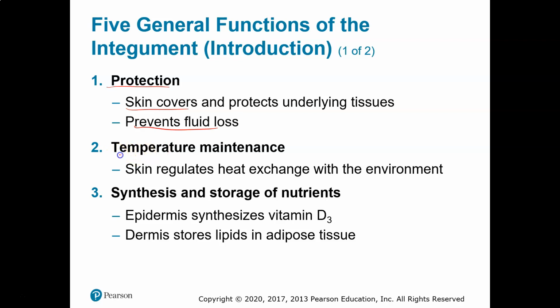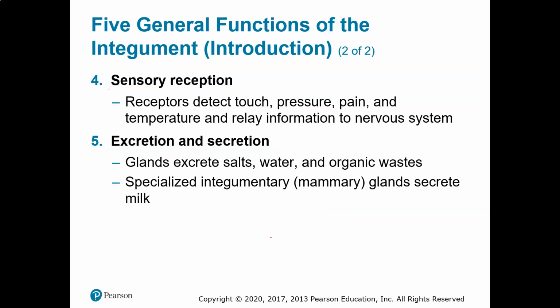So it helps keep your temperature within a narrow range. Synthesizing and storing nutrients. Your epidermis actually synthesizes vitamin D3, and this happens when you are exposed to ultraviolet radiation from the sun. And then adipose tissue, which is fat tissue, is stored in the dermis.